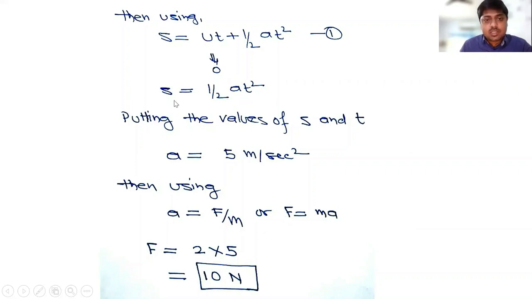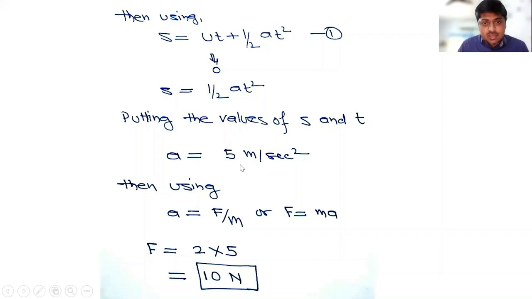So the displacement can be written as half at square. Putting the values of s and t, we can calculate the acceleration. We already know the value of s, that is 10 meters, and t is 2 seconds. So the value of acceleration comes out to be 5 meters per second square.